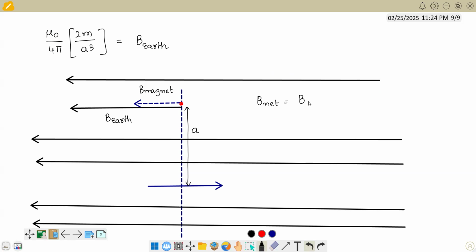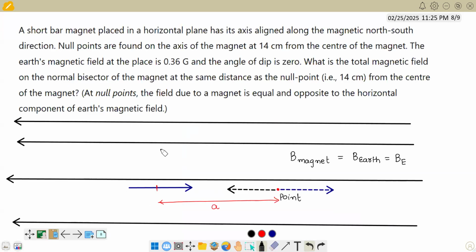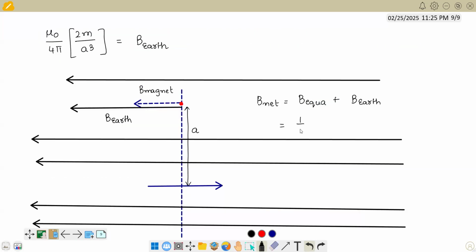So the net magnetic field is the magnetic field at the equatorial point plus the magnetic field due to the Earth. We know the magnetic field at the equatorial point for the same distance a. That is very important. He has used the words same distance as the null point. So it would be half of the magnetic field at the axial point plus the magnetic field due to Earth.